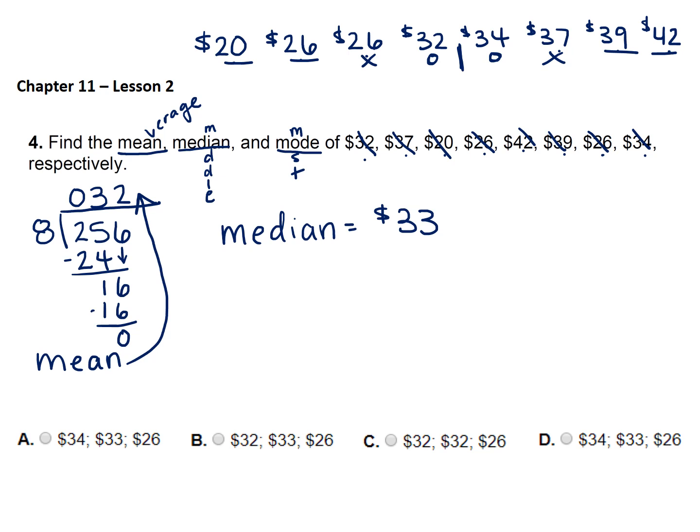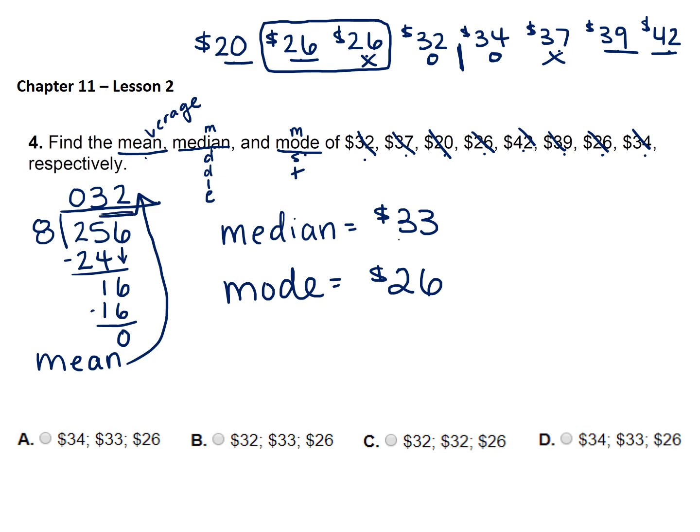Now, the most often occurring value is 26 because it occurs twice. So the mode equals 26. Now, in our question, it lists mean, median, and mode. So we're looking for 32, 33, and 26, and that is answer choice B.